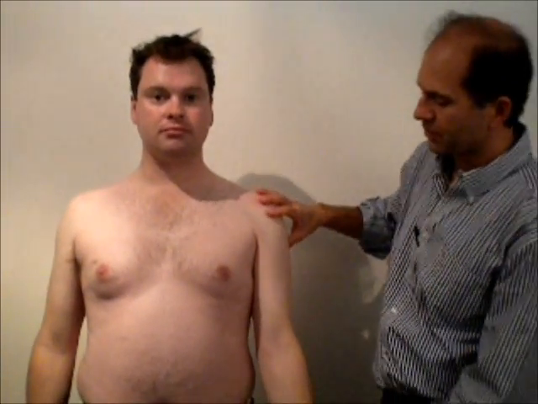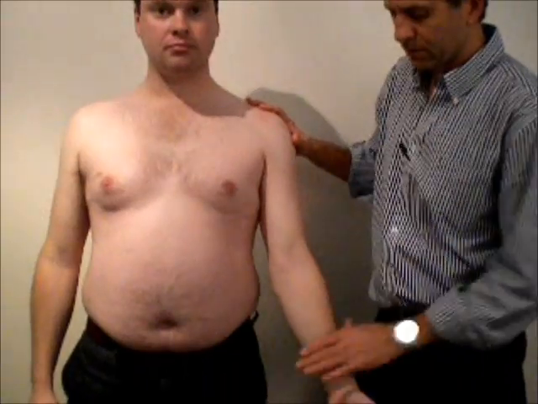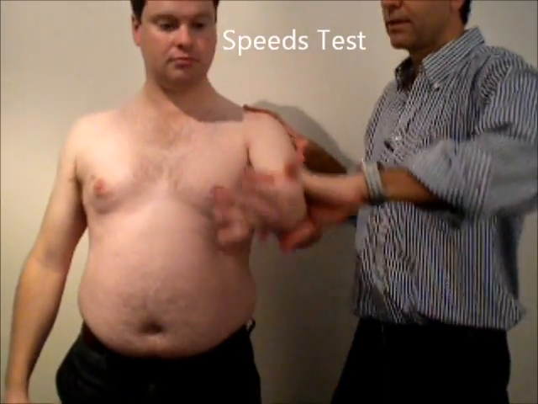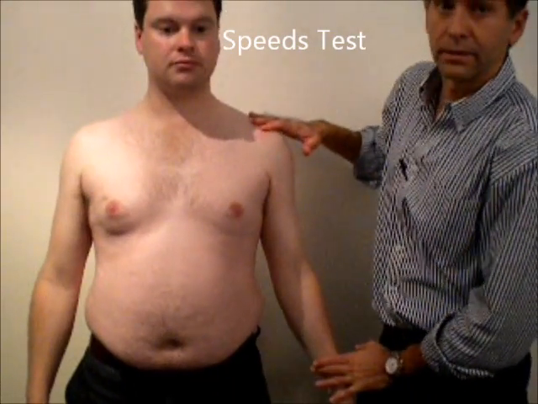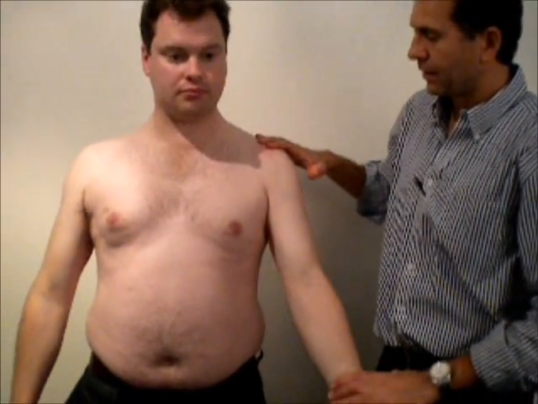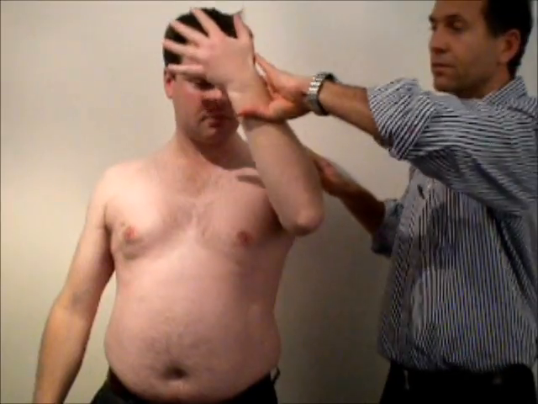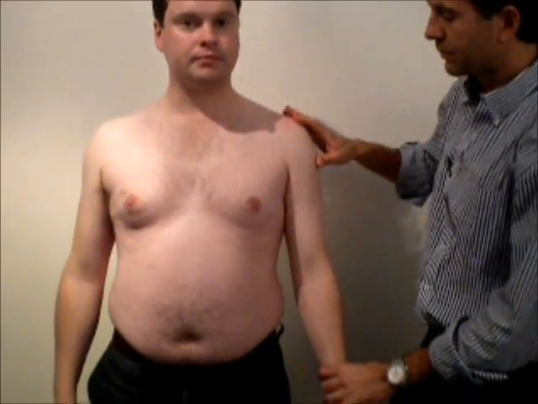The other test for the bicep is what's called a Speed's test, where they resist and come up, and resist again, and you're asking for symptoms and looking for weakness and the ability to do that.